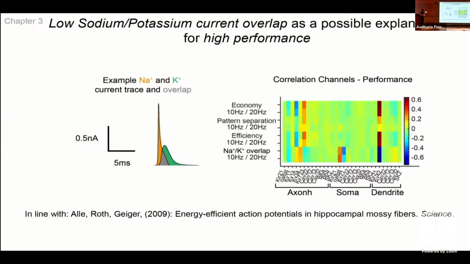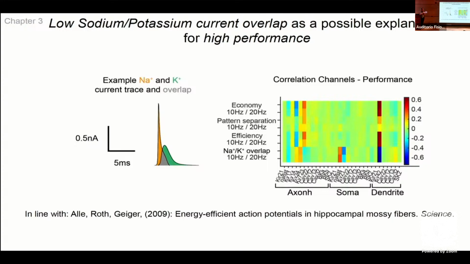One explanation in the literature for high efficiency is if the sodium and potassium currents are separated in time. Intuitively, that makes sense, because sodium is mainly needed for the generation of the spike and potassium then for the repolarization.